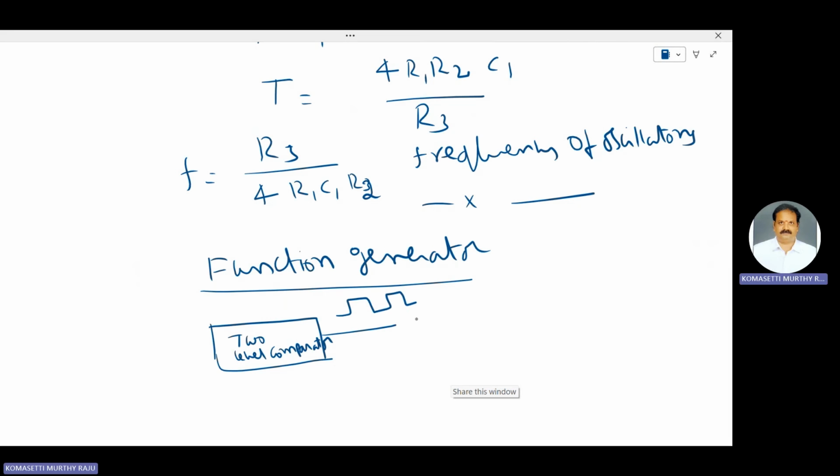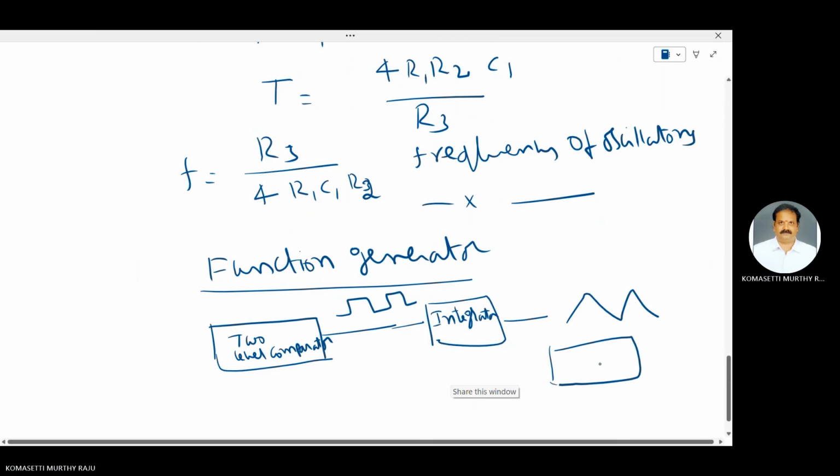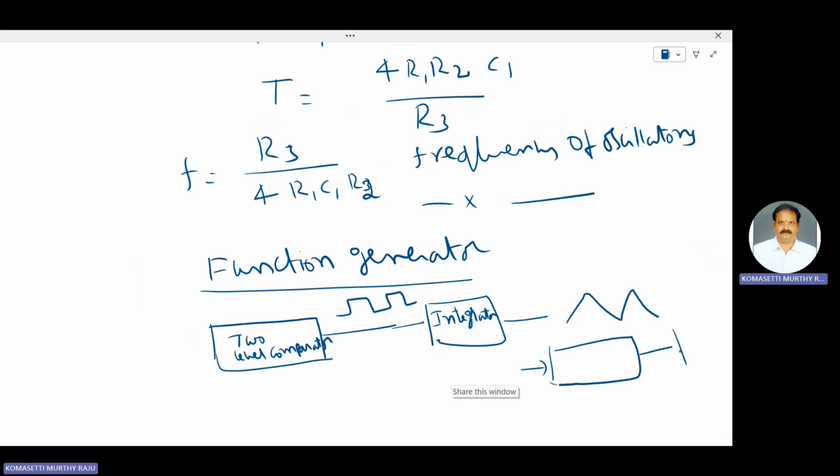The output of the two-level comparator is a square waveform, which is applied to the integrator circuit. The output of the integrator circuit is a triangle. The triangle waveform is given to another circuit. Therefore, the output of that circuit is a sine waveform.